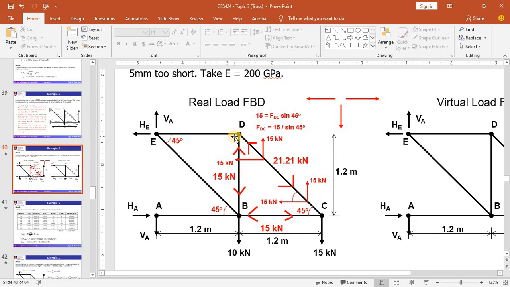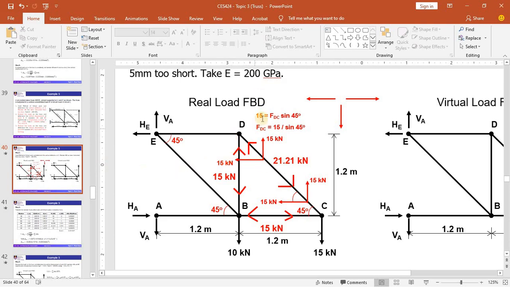We have another unknown force at this joint to be solved, which is member DE. Let's look at how many forces act horizontally at joint D. In the horizontal direction, we have the internal force from DE and the horizontal component from member DC, which is 15 kilonewton to the left.